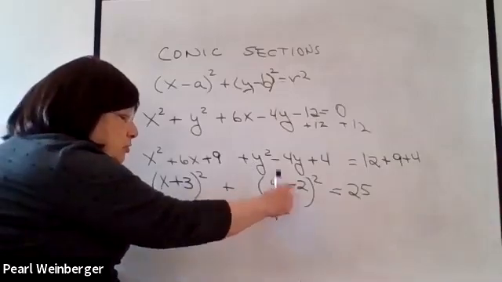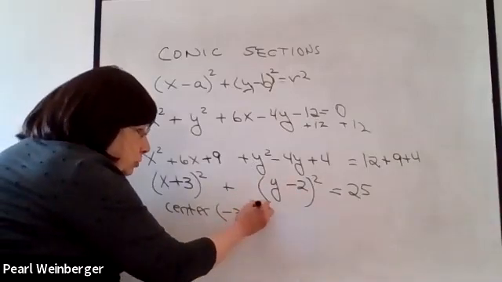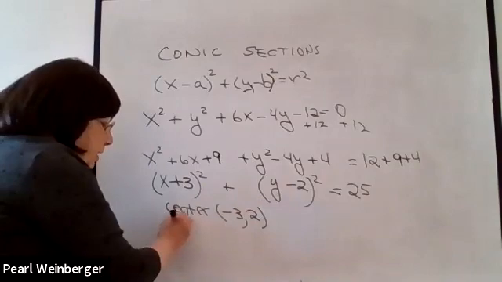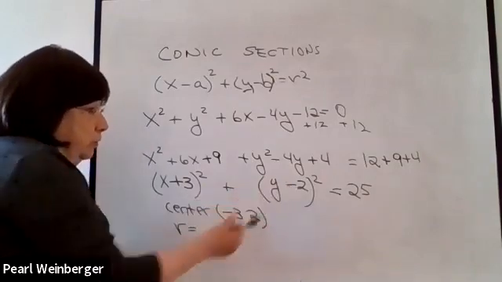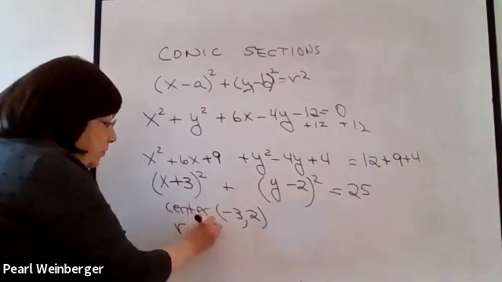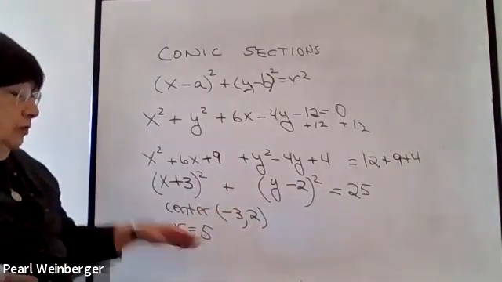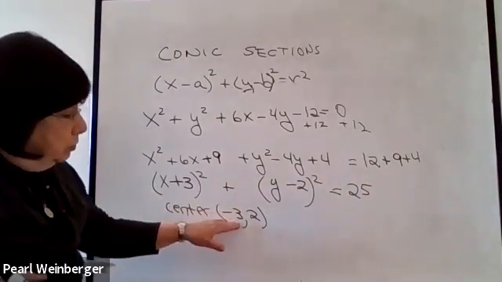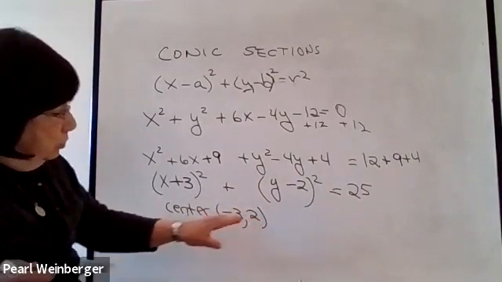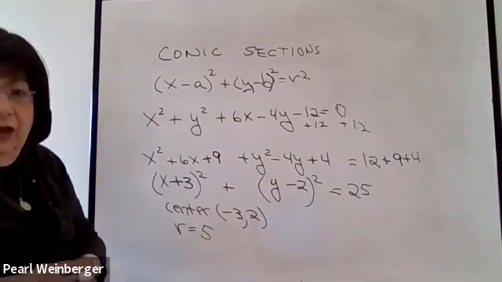And this is a minus 2, so this has to be a plus 2. And the radius has to be the square root of 25, which is 5. So if we're asked, what is the center? The center is the point negative 3, 2. The radius is 5.